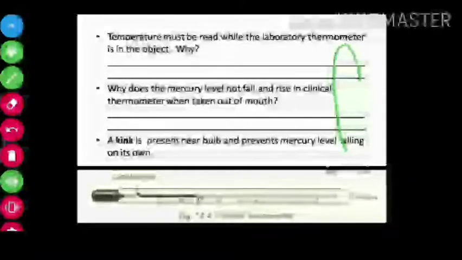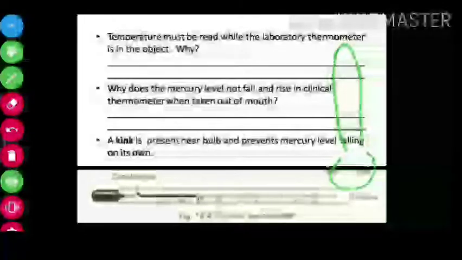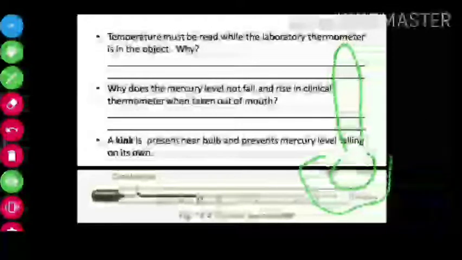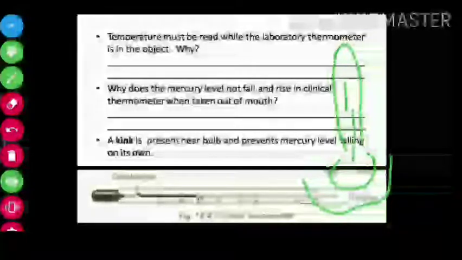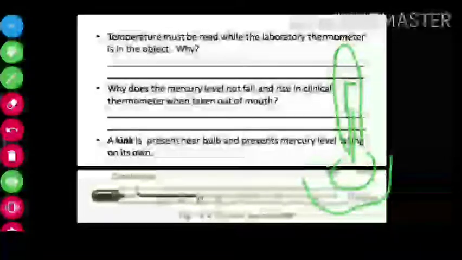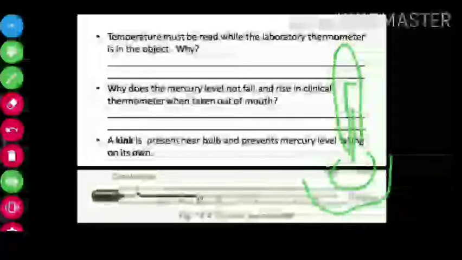Because if you take the thermometer out of that object, the mercury level will suddenly go up and it will show a different temperature.